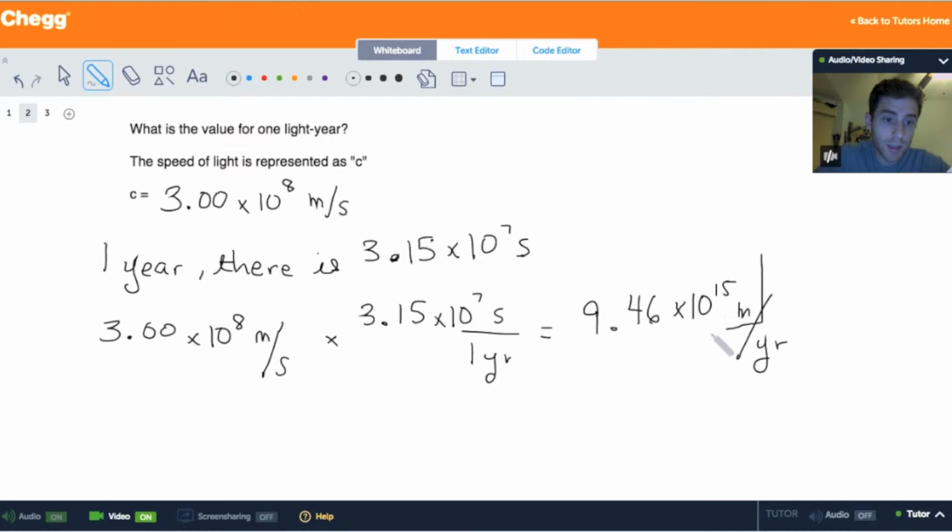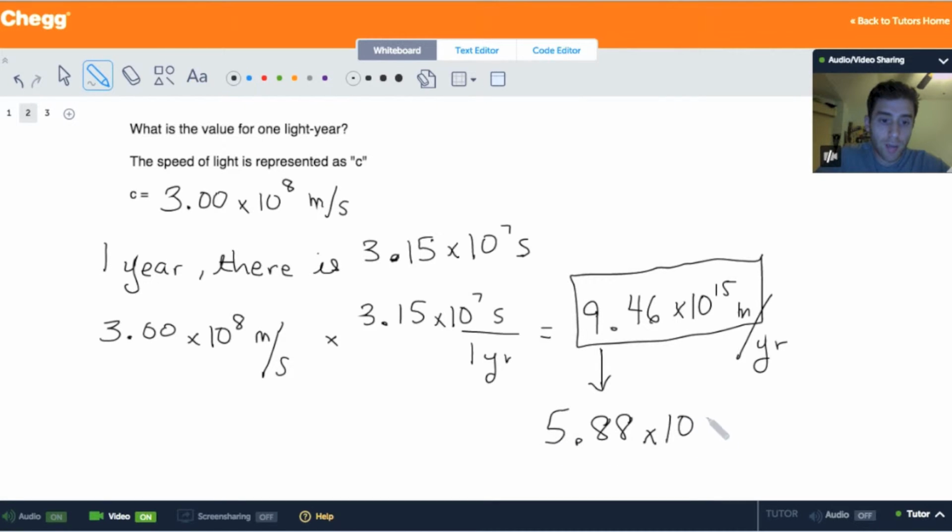So this, 9.46 times 10 to the 15th meters, is the value for a light year. And in miles, just so we can make it relative to something we normally deal with, this is 5.88 times 10 to the 12th miles, which is extremely far.